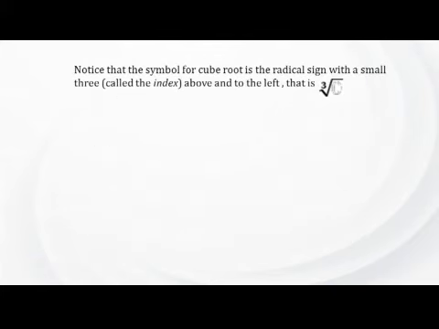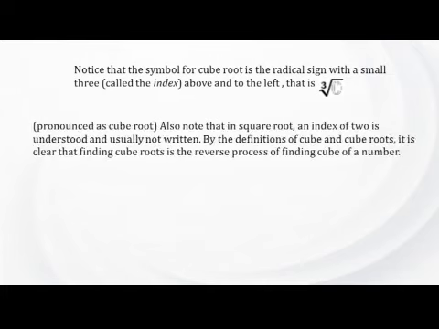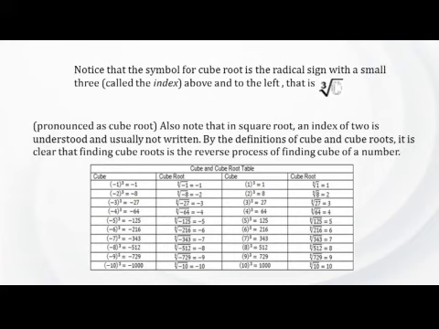Notice that the symbol for cube root is the radical sign with a small 3, called the index, above and to the left, that is pronounced as cube root. Also note that in square root an index of 2 is understood and usually not written. By the definitions of cube and cube roots, it is clear that finding cube roots is a reverse process of finding cube of a number.